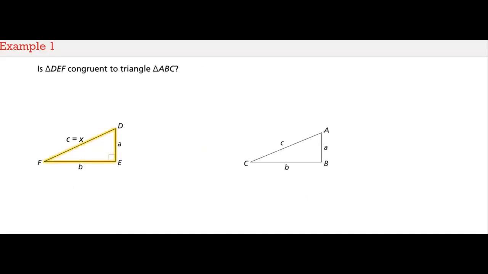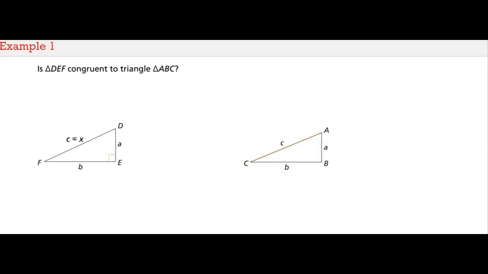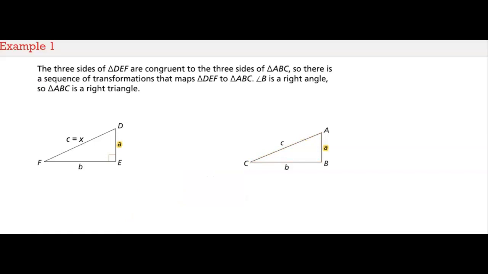Is triangle DEF congruent to triangle ABC? Select your answer. The three sides of triangle DEF are congruent to the three sides of triangle ABC. So there is a sequence of transformations that maps triangle DEF to triangle ABC.